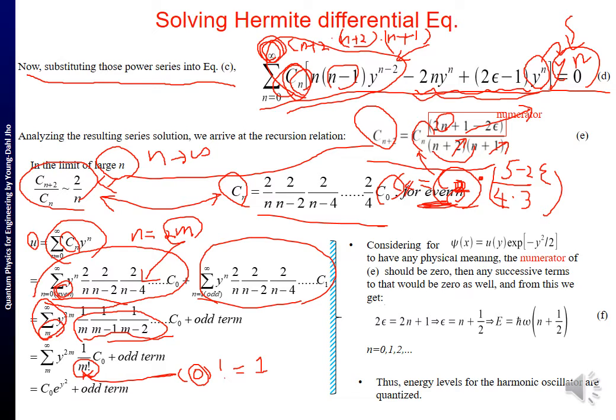But the important thing is that this mathematical form goes to infinity. C0 is just a constant. This one, y to the power of 2m multiplied by 1 over m factorial, is known to be the Gaussian function e to the y square, and there are more.